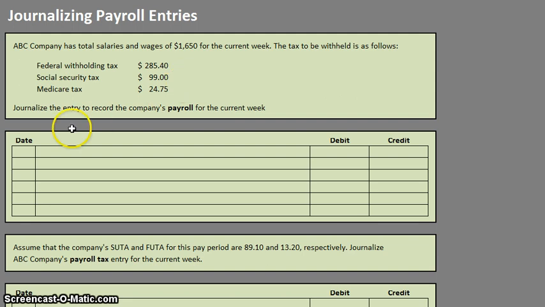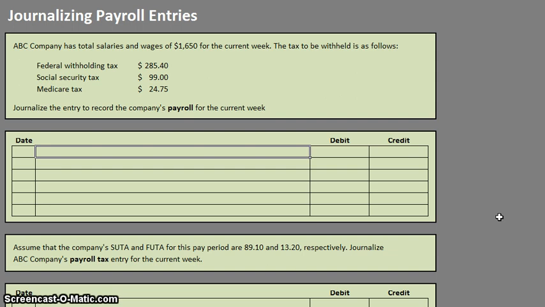So let's go ahead and talk about what entry would be required for this actual payroll that we have up here. Since they didn't give us a date, let's go ahead and leave that blank. We'll focus on the debits and credits. Now, for the gross pay, this is going to be considered an expense for the company.